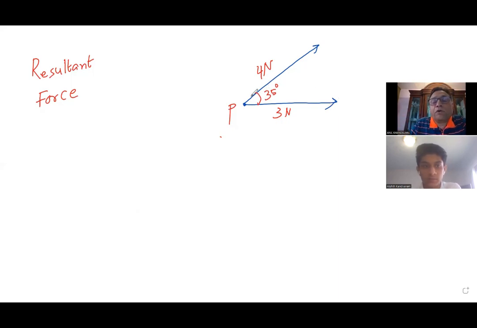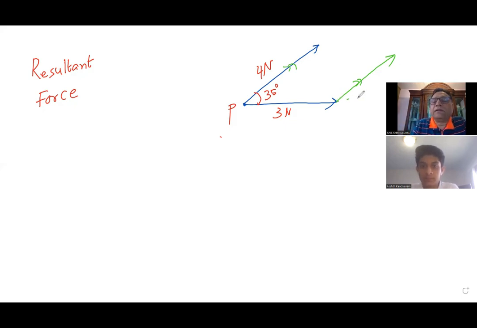Perfect. So we'll place this 4 Newton force with the tail at the head or the tip of 3 Newton force. And we do, as you're saying, a parallelogram. So the forces are vectors, which can be displaced and placed anywhere. Their magnitude and direction are the two important things.